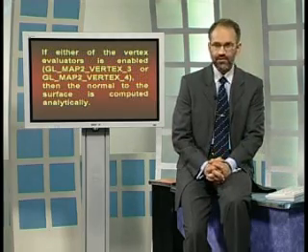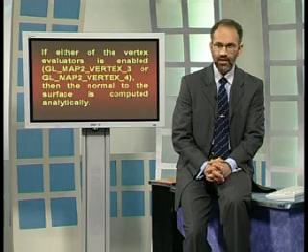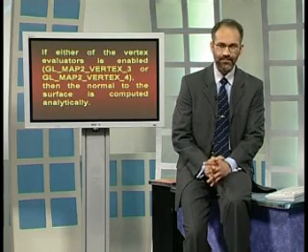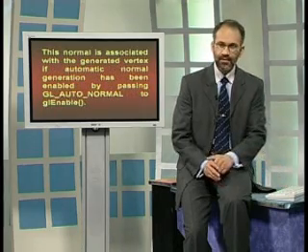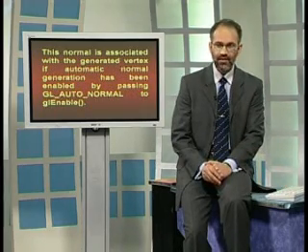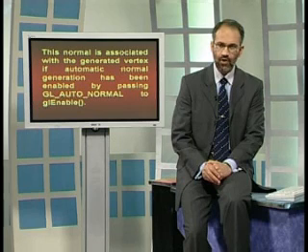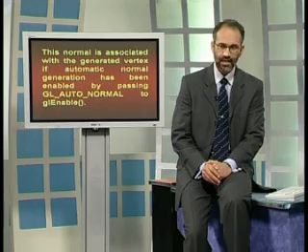If either of the vertex evaluators is enabled, GL_MAP2_VERTEX_3 or GL_MAP2_VERTEX_4, then the normal to the surface is computed analytically. This normal is associated with the generated vertex if automatic normal generation has been enabled by passing GL_AUTO_NORMAL to glEnable. So the normals associated with these vertices would be automatically calculated if we have enabled automatic calculation of normals.